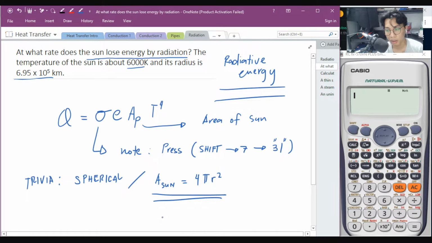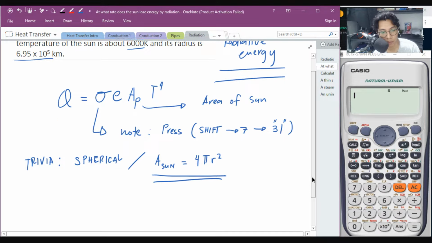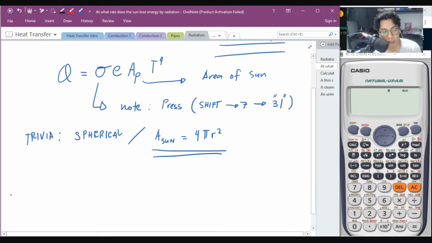Bakit? Di ba nung pinoproject niyo yung area ng sphere, you are given 4 cross-sectional areas. Okay? Kaya naging ganyan. An estimate, okay? So, makukuha na natin yung radiative heat. Q, radiative, yung kuto.